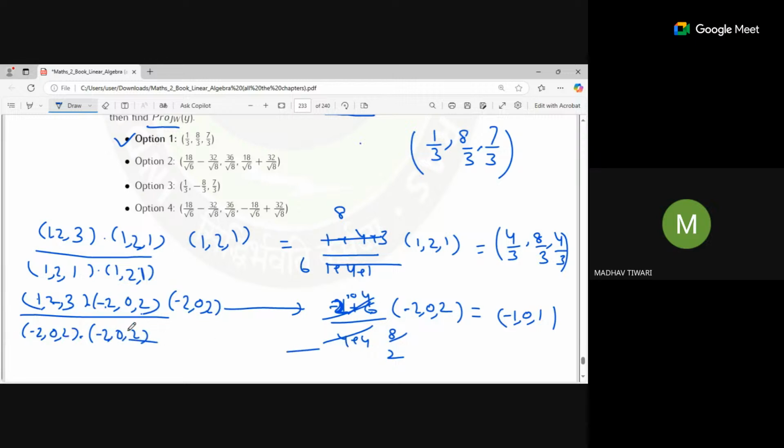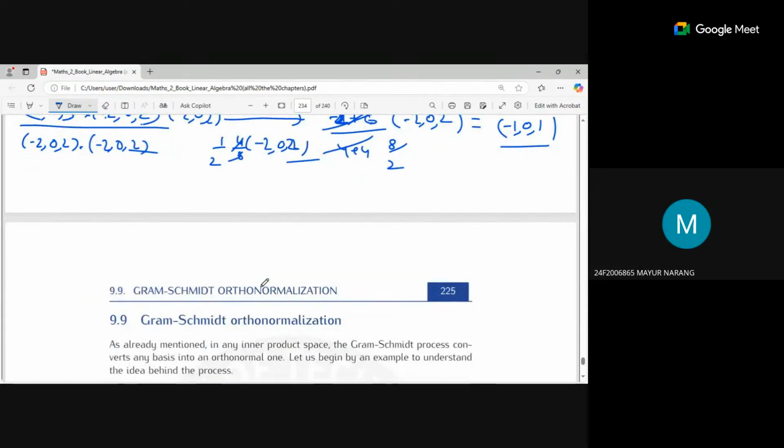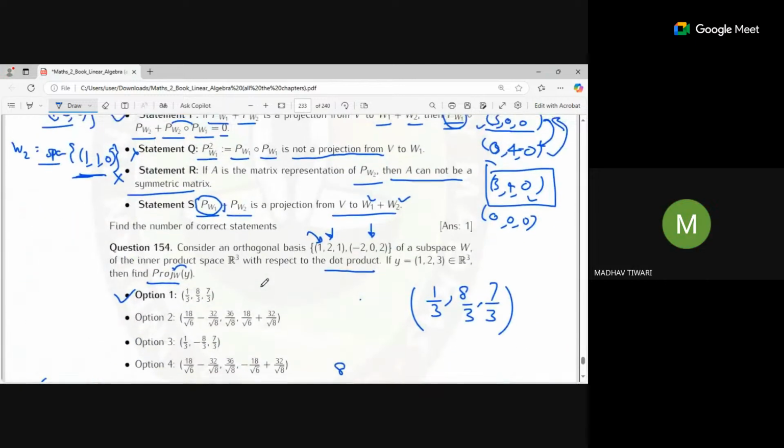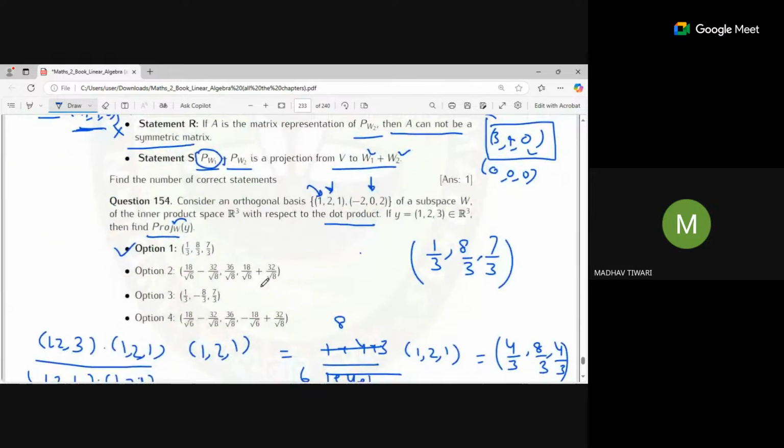And 2 multiplied by 2 is 4. So if I add these, I will get 8 below it. So 4 by 8 times minus 2, 0, 2. If I reduce it, it will be 1 by 2, and if I multiply inside, I will get this. Is that clear? Yes, easy, just not practiced. So any query till now? Anyone else? No?